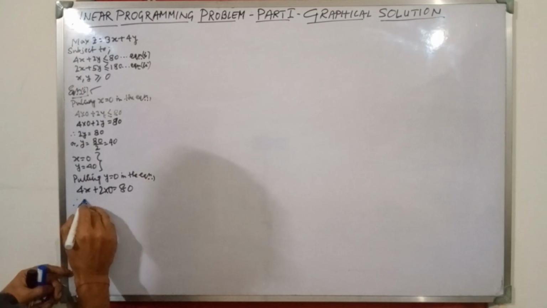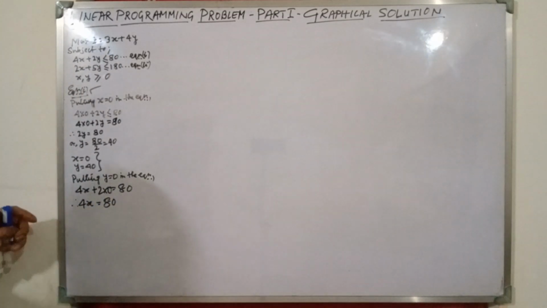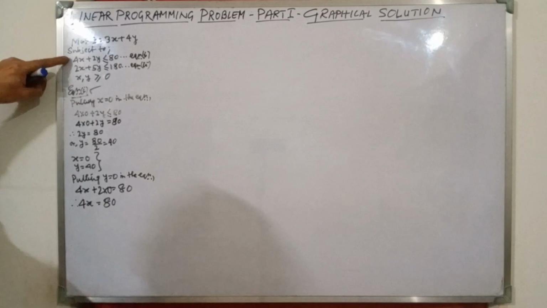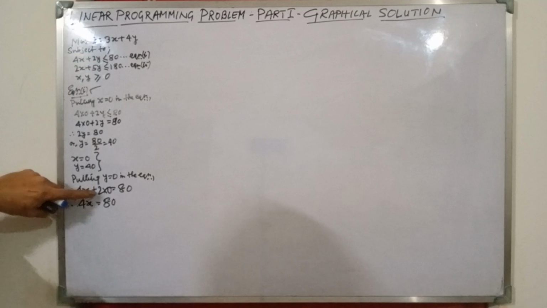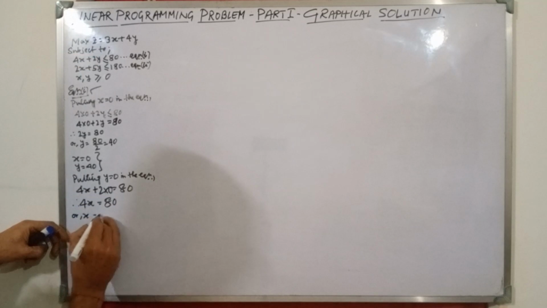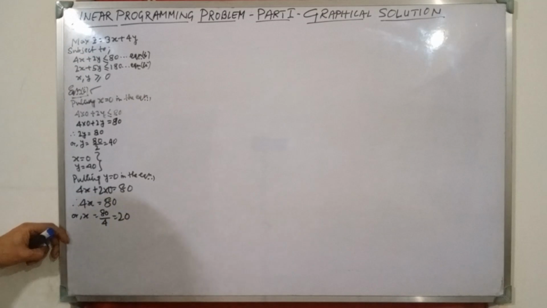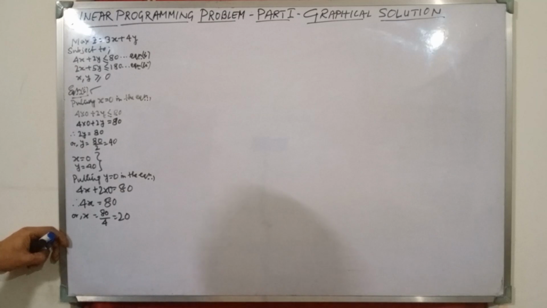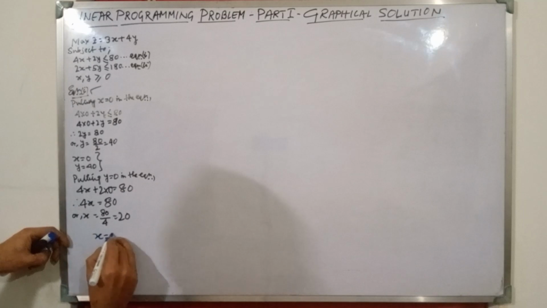Therefore, 4x equals 80, or x equals 80 by 4 equals 20. So we get another set of values, that is x equals 20 and y equals 0.